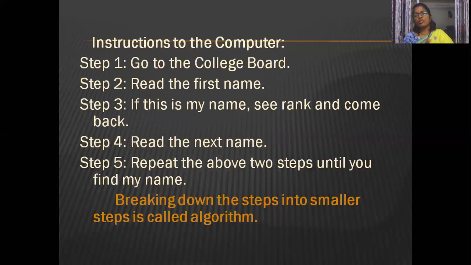Because the computer does not know what it has to do, you have to explain everything stepwise. Here the entire task is divided into smaller steps so that the computer can perform it very easily.